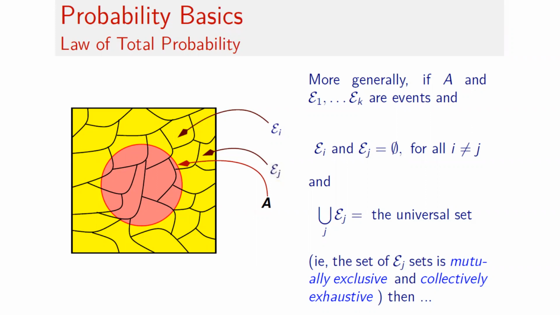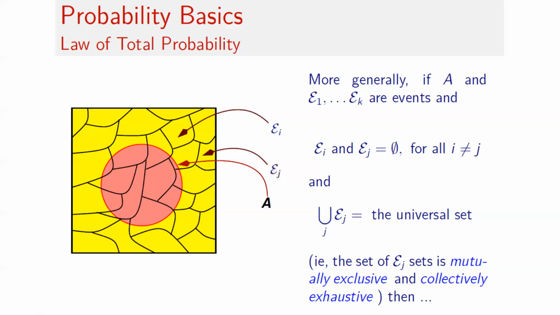And more generally, capital A and epsilon 1 through epsilon sub index k are events, and the intersection of epsilon sub index i and epsilon sub index j is equal to the empty set for all i not equal to j.